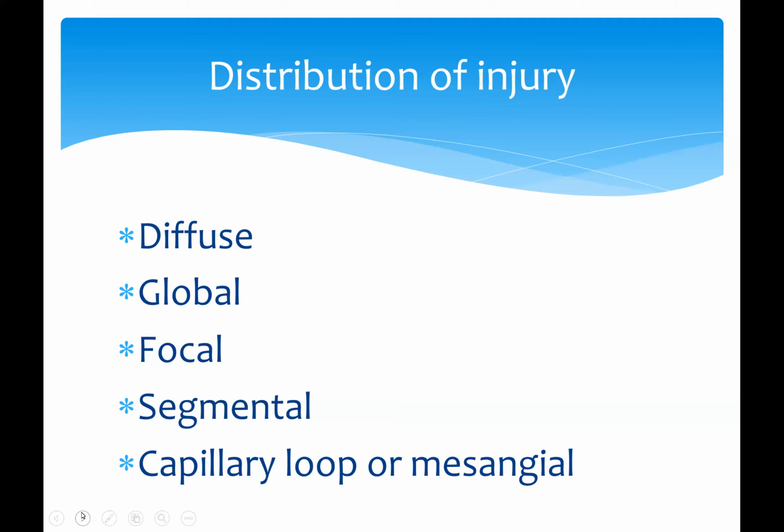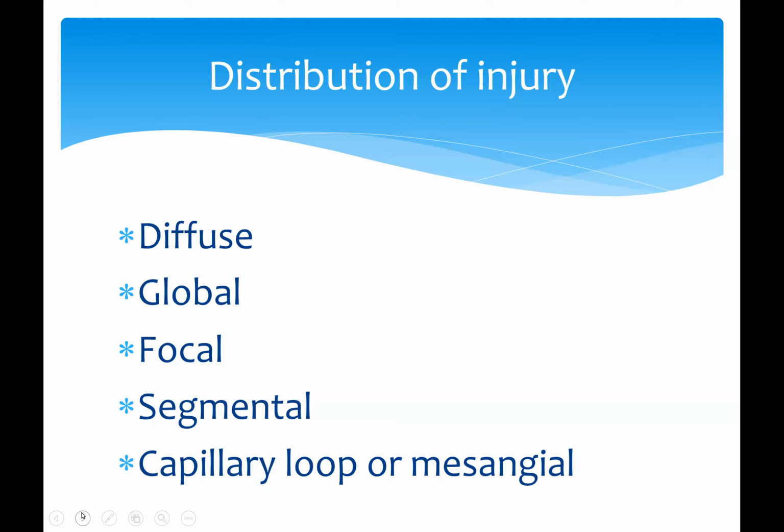Now, when we're talking of the glomerulus, you're focused now on the glomerulus. You have observed either of the four changes again: hypercellularity, basement membrane thickening, hyalinosis, and sclerosis. The next thing is to scan the slide, the tissue specimen, and assess the glomerular involvement.